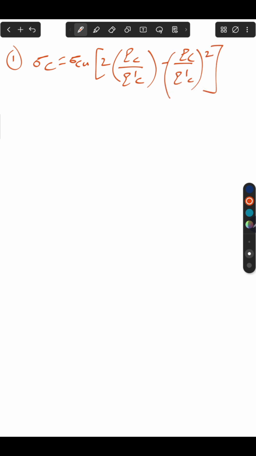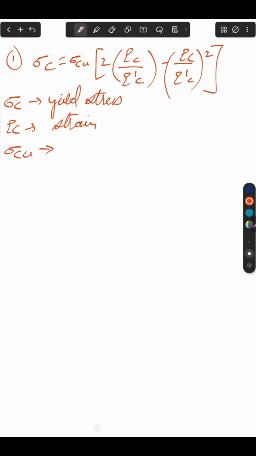Now let's understand the terms. First, sigma c is the yield stress, and epsilon c is the corresponding strain. Sigma cu is the ultimate strength, which is the cylinder strength.